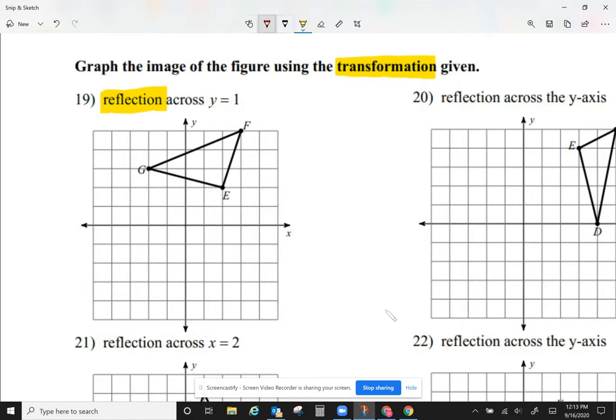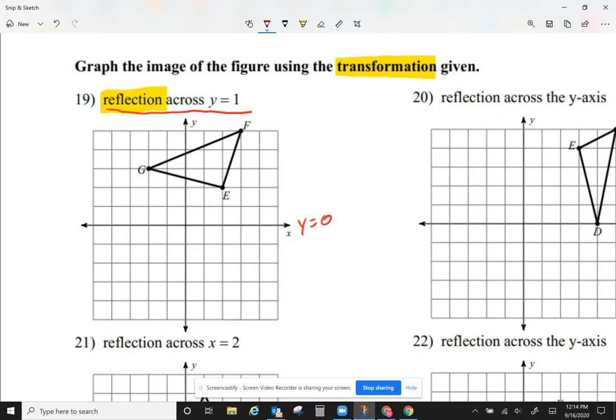So now let me find what I call the mirror, and I see the instruction here says reflection across the line y equals 1. Let me find where my line y equals 1 is. In Algebra 1, you learned that the x-axis is also called the y equals 0 line.